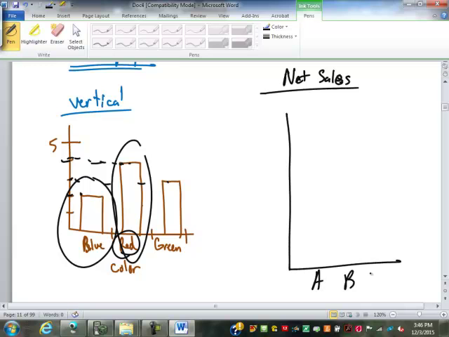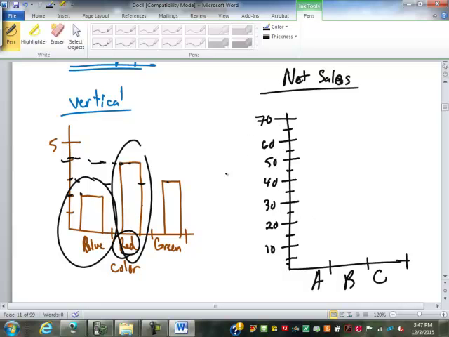And just because that's how creative I am, we're going to call them companies A, B, and C. Because we have to get up to some large numbers, each mark is worth 5, and I'm only labeling every other one, so 10, 20, 30, 40.